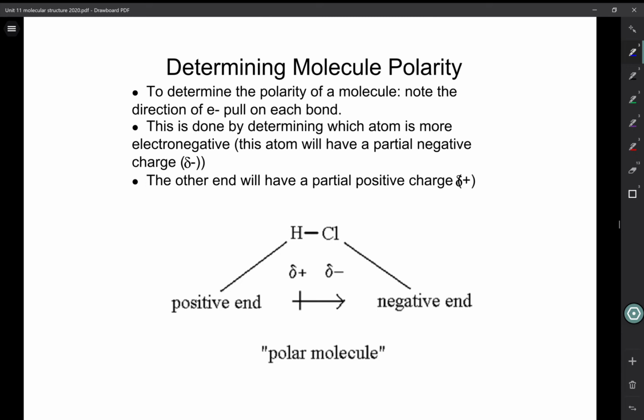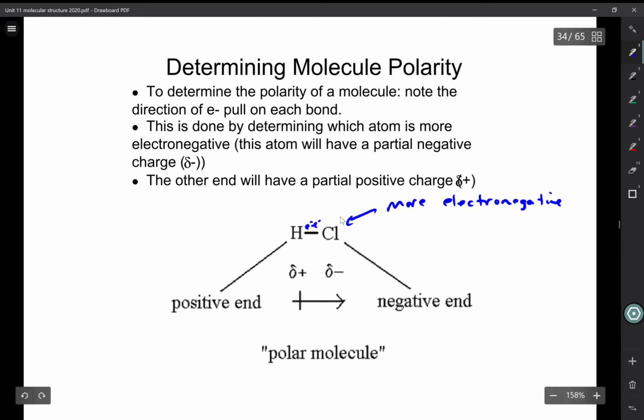All right, so if you look here, chlorine is more electronegative, which means it has a stronger pull of those electrons than hydrogen does. So the electrons in that shared electron pair in that bond get pulled closer to chlorine.